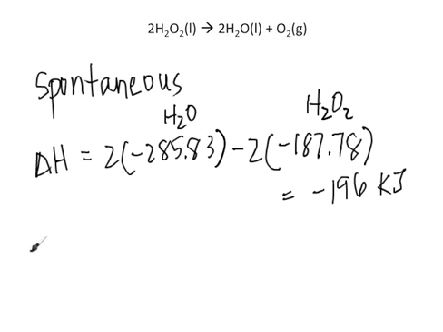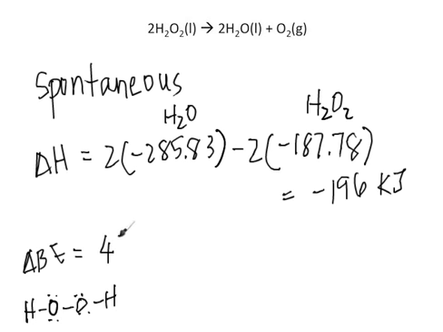Okay, for the bond energy, hydrogen peroxide looks like this. Therefore, we're going to be breaking 4 OH bonds, right, because we have 2 of them.